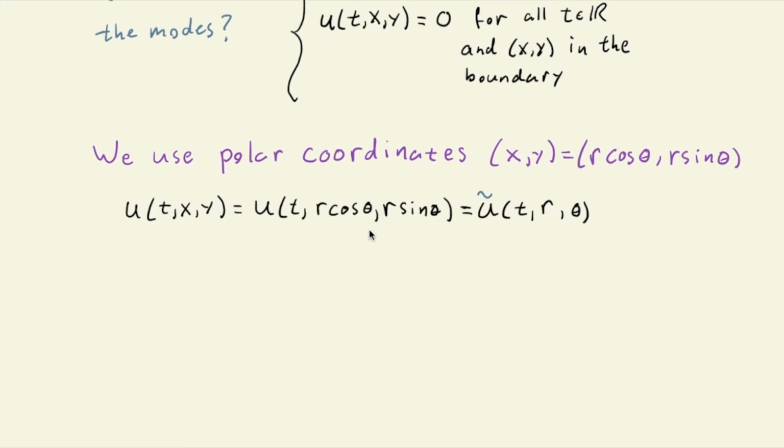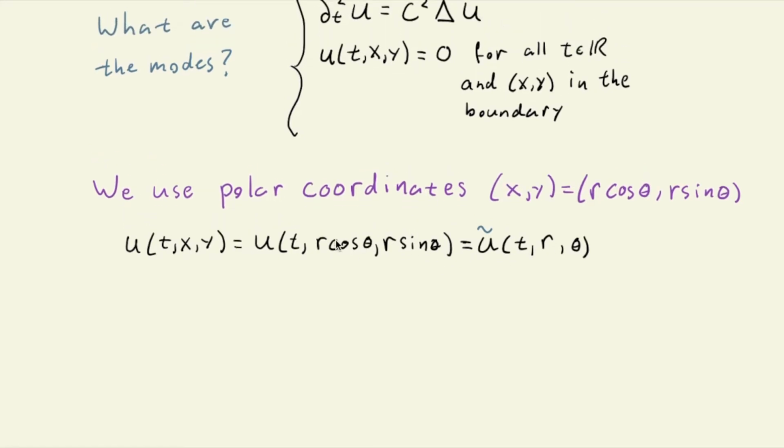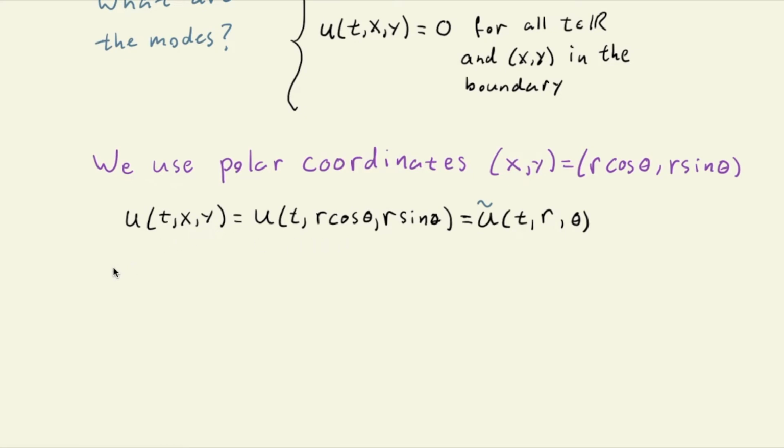So this lets us separate variables in a way that will now be a lot better. The trade-off is that the Laplacian in these coordinates is a lot more complicated, unfortunately. Well, not a lot more, but a little bit more. So as we already discussed in class, you can use the chain rule.